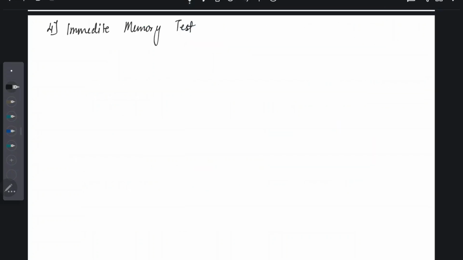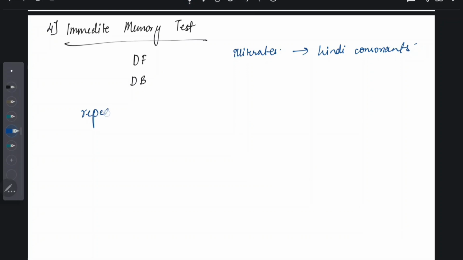Next is the immediate memory test. So it has digits forward and digits backward, both. For illiterate patients, it uses Hindi consonants. The examiner tells the subject that they will be reading some numbers, and the subject has to listen properly, and then they have to repeat what has just been said by the examiner.